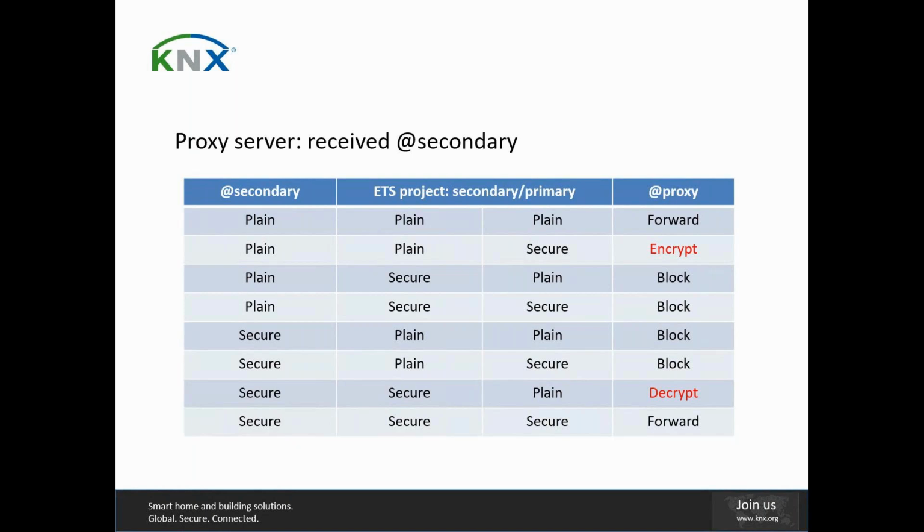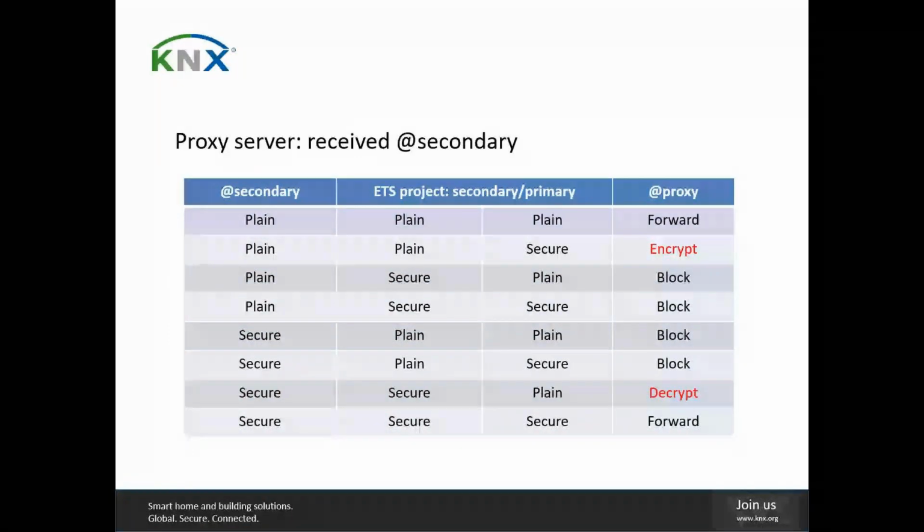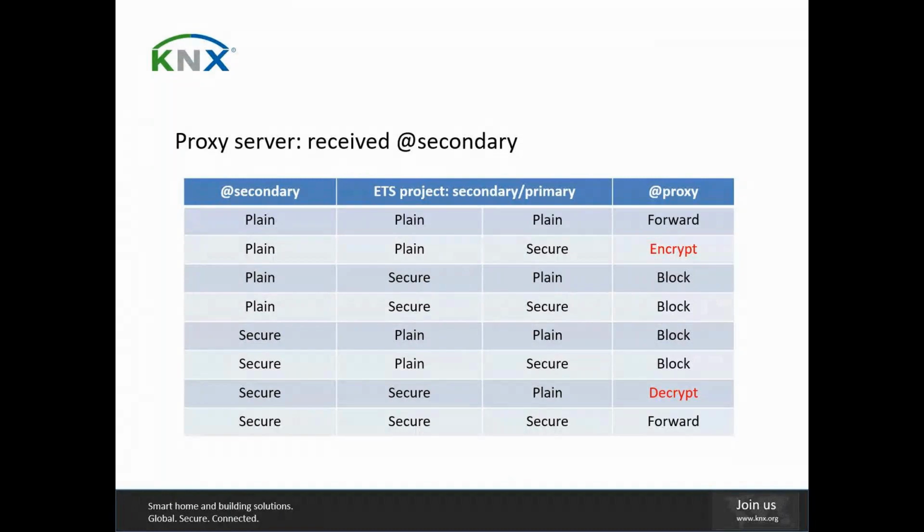That's maybe something I did not mention so far. So if we look into the ETS project, there are two secure devices that communicate with one another, let's say a push button and a switch actuator, the most obvious example.